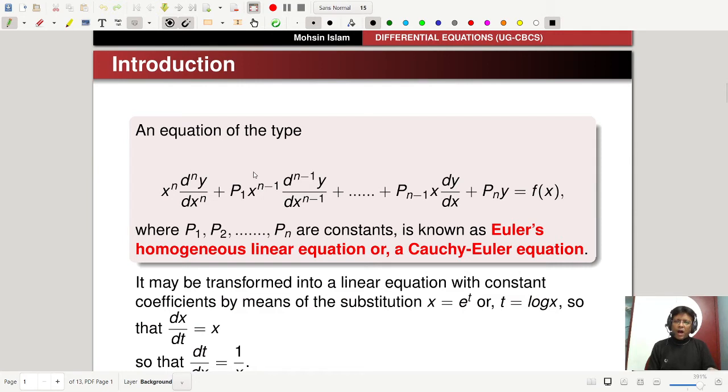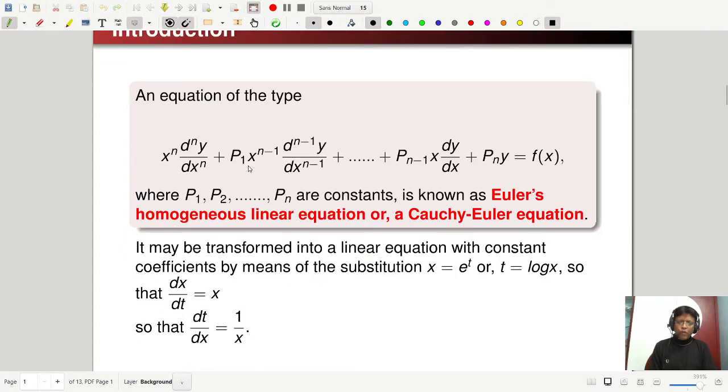Now, an equation of the type x^n d^n y/dx^n plus p1 x^(n-1) d^(n-1) y/dx^(n-1) etc., plus p(n-1) x dy/dx plus pn y equal to f(x), where p1, p2, p(n-1), pn are all constants, not functions of x.